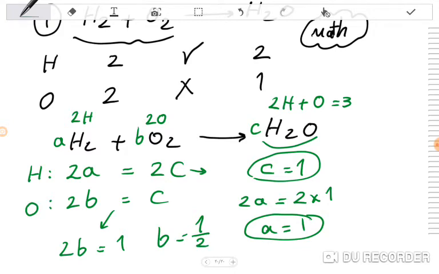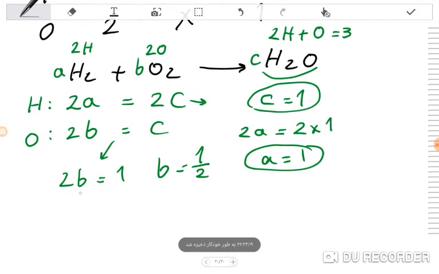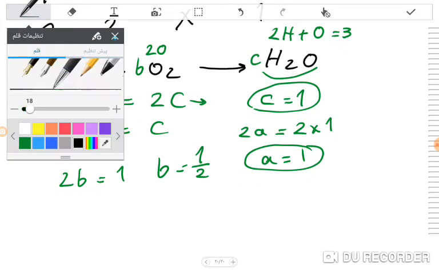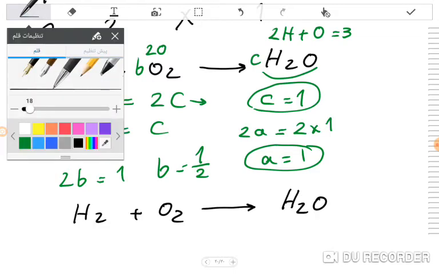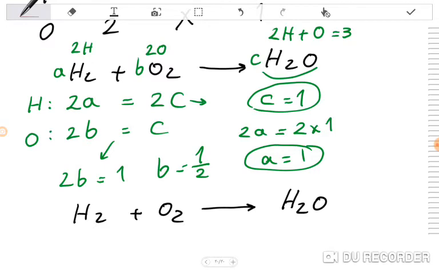We set this correct coefficient in front of the formulas. I write it again. H2 plus O2 gives us H2O. Okay, no problem. A is 1, B is 1 over 2, C is 1.